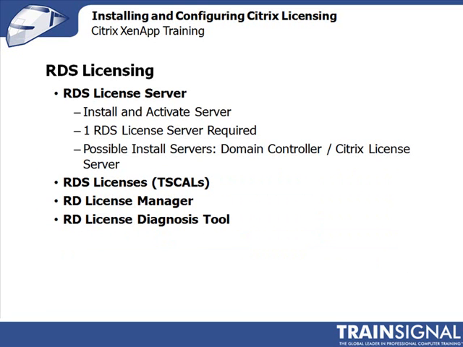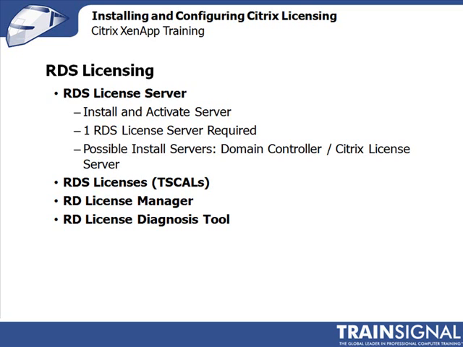Now, from an RDS licensing perspective, you need an RDS license server. You have to install and activate this server, and we're going to do that once we start the demonstration process of this lesson. You also need at least one RDS server per domain or per forest, and we'll talk about that. You can install the RDS license server in several places. Typically, I like to install it on a domain controller.